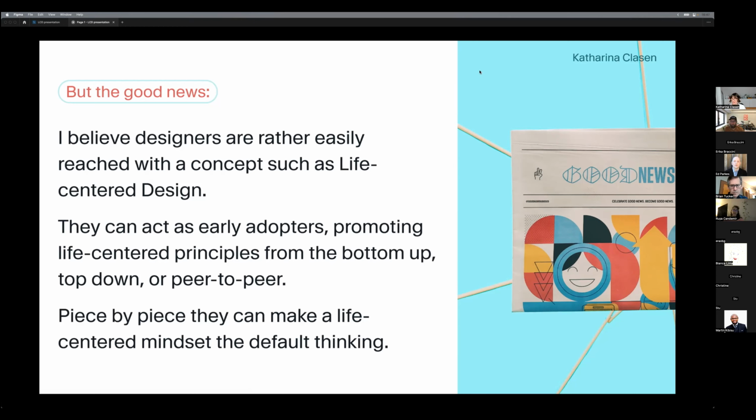And that's why I believe that designers who have that much power and responsibility, they can act as early adopters of life-centered design, and they can promote life-centered design principles from the bottom up, from the top down, peer-to-peer. And yeah, we will make life-centered design, or whatever you will call it, the default thinking in design, is what I hope and also kind of believe, to be honest.